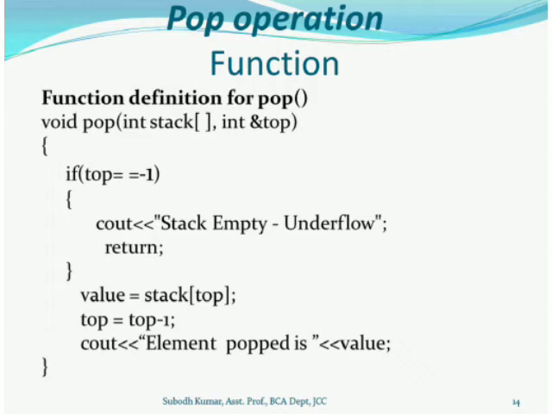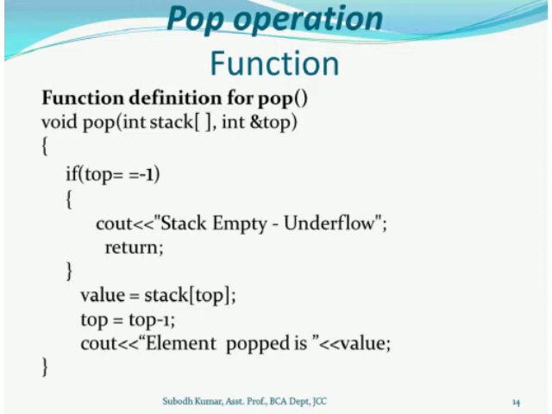If it is not empty, then we will move to the line value equals to stack of top. So the value which is going to be removed or popped is stored in value, and we have decremented the value of top, that is top equals to top minus 1, and the last statement will be used to display the popped element on the screen.